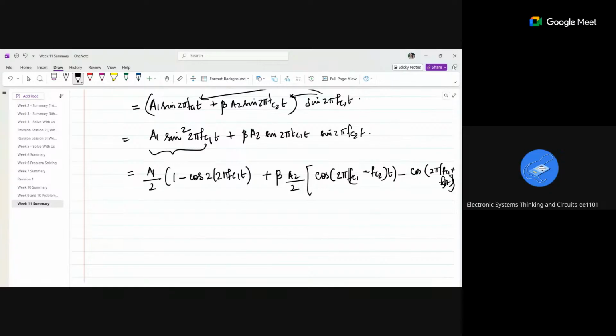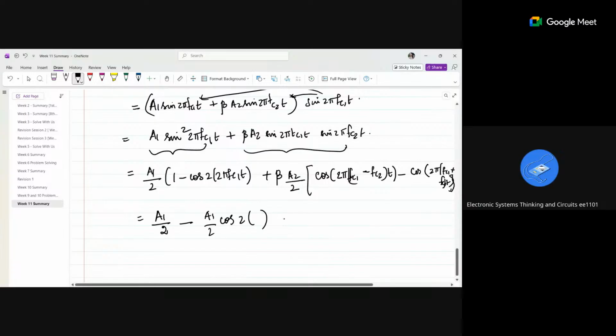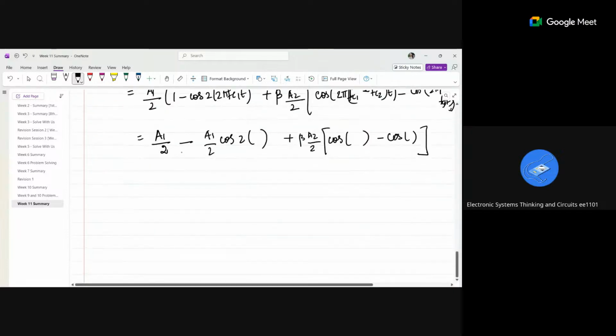We are just expanding these terms. Then a1 by 2 minus a1 by 2 cos term, plus beta a2 by 2 times some cos term minus cos term. This is my z of t.